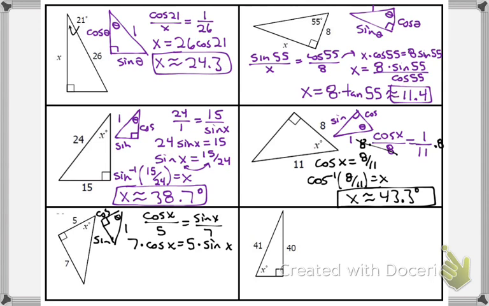So what I want to do is divide both sides by cosine here. Then, why don't I just divide both sides by 5 while I'm here? So now it comes out to be 7/5 equals sine x over cosine x, which is equal to tangent x. So that's gone.